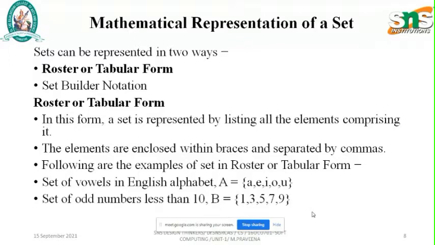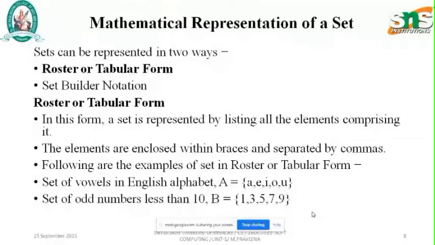Here, we are representing English vowels in set A. That is, set A is equal to {a, e, i, o, u}. Similarly, see here the set of odd numbers less than 10. Set B is equal to {1, 3, 5, 7, 9}.